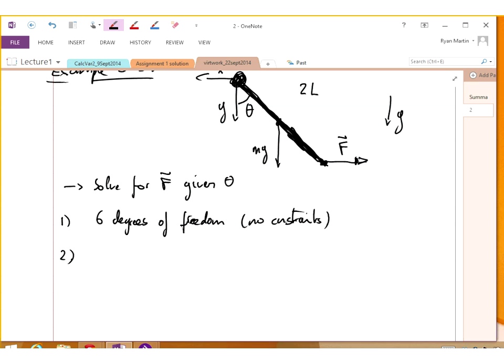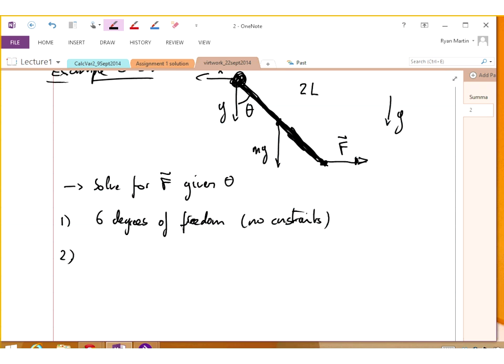So let's say, for example, if we wanted to choose 6 degrees of freedom to describe the position of this rod in three-dimensional space, you agreed that we could choose 3 of those coordinates to be the x, y, and z position of the pivot point, and then we can use 3 angles, let's say theta x, y, and z, to be the angles of rotation of the rod with respect to the axes x, y, and z.